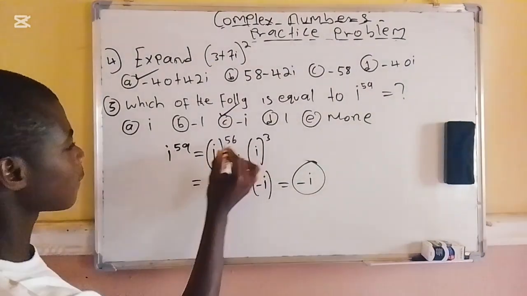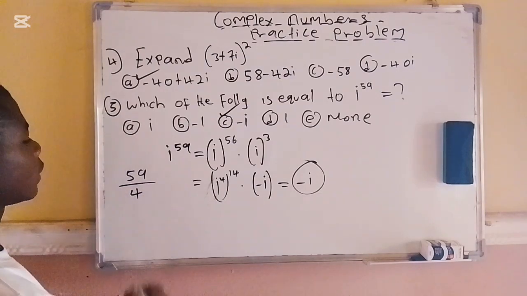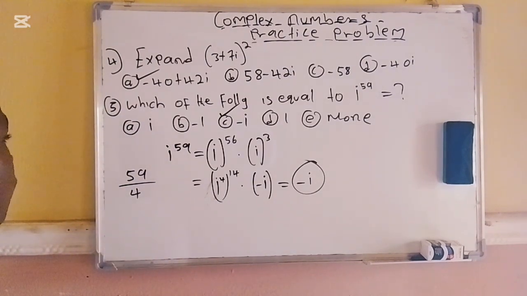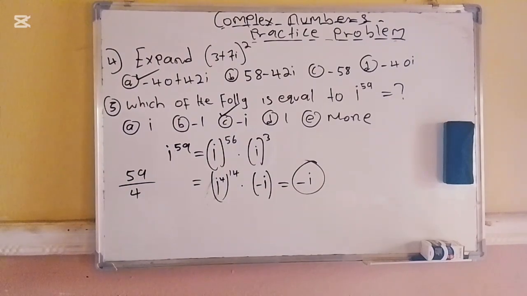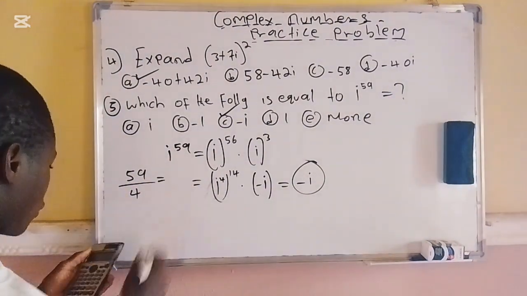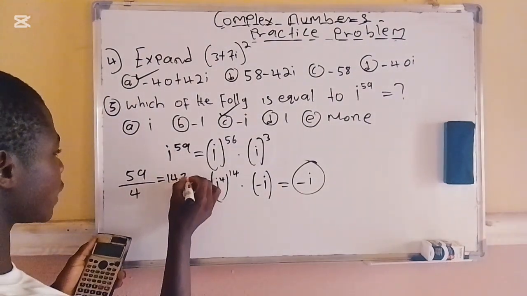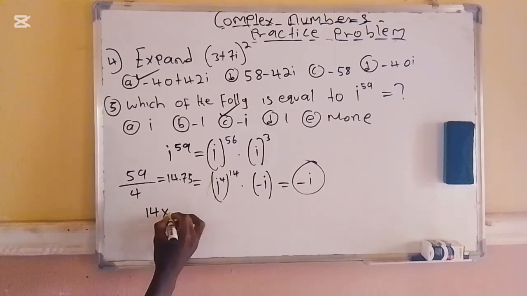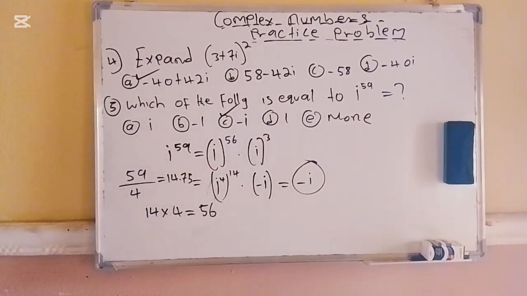Let me show you another thing. 59 divided by 4 equals 14.75. And 14 multiplied by 4 gives exactly 56.